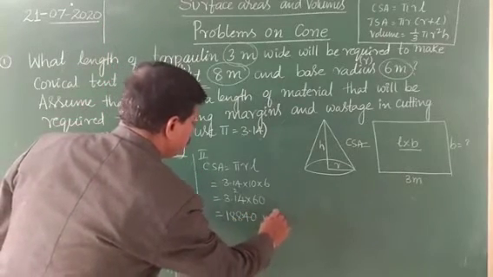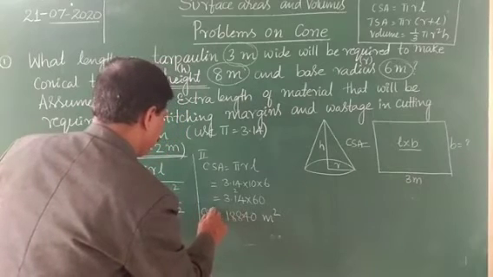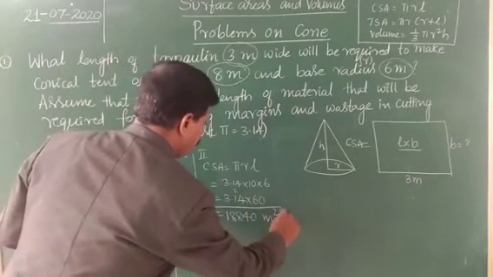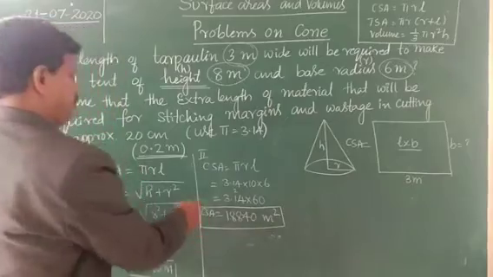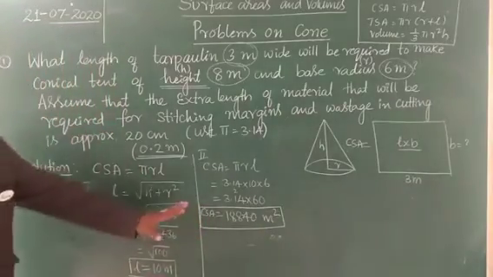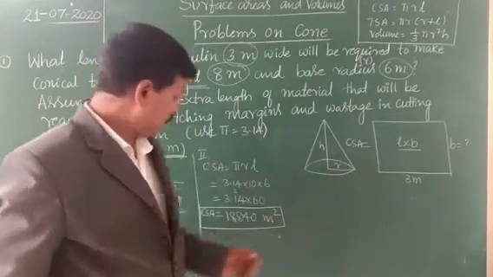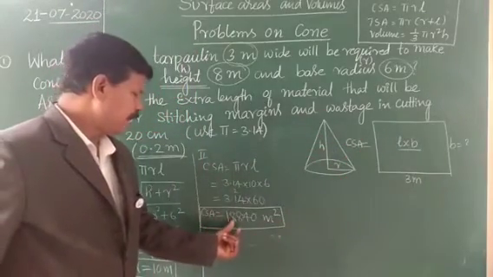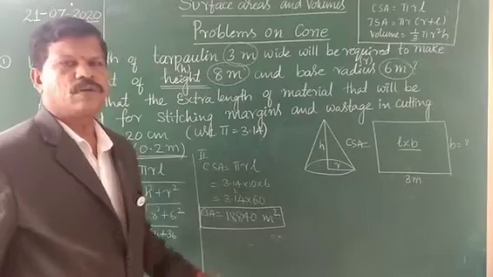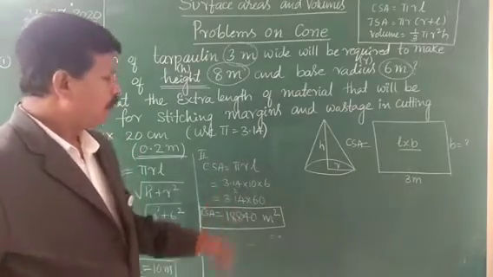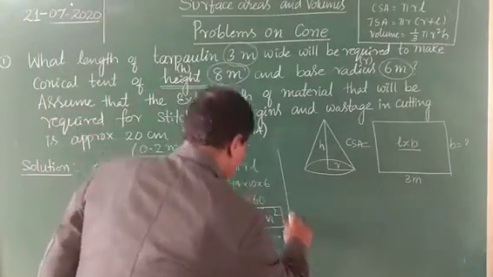Square meter. So, the area, curved surface area of conical tent is 188.40 square meter.